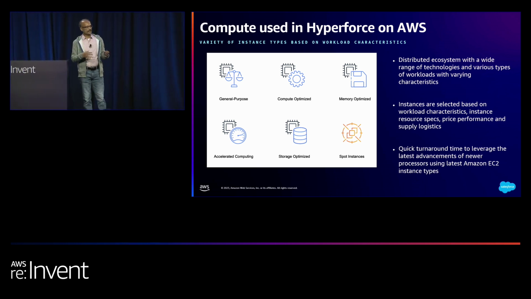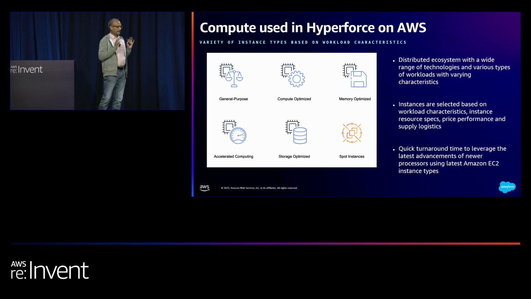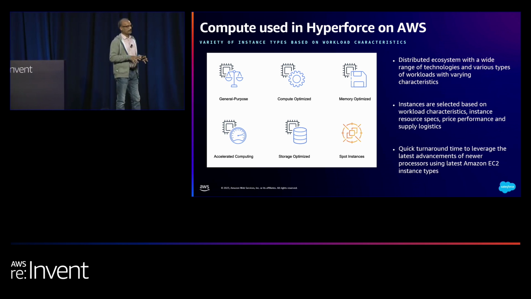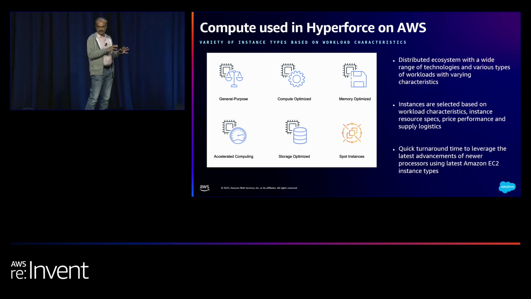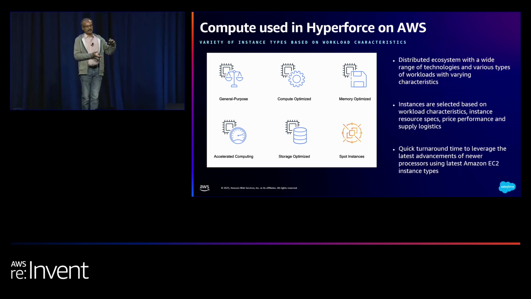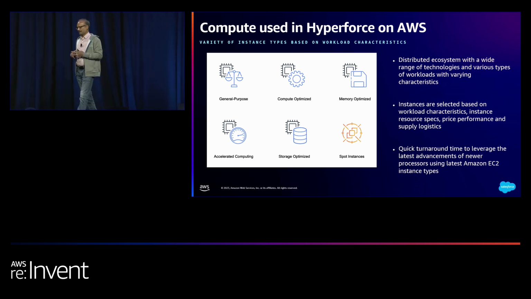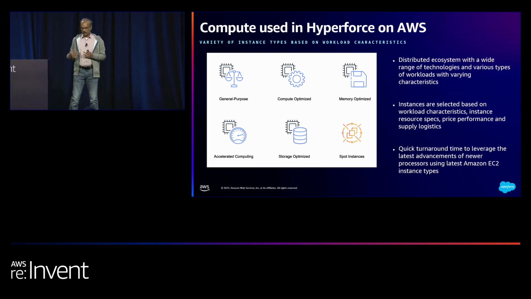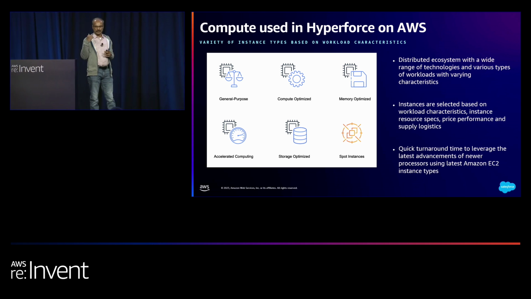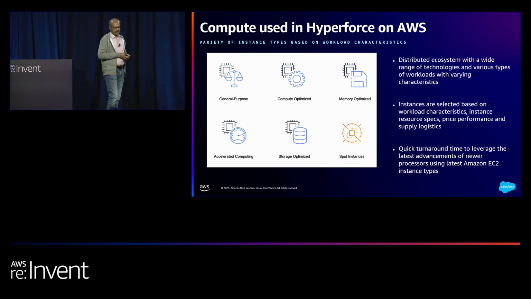We also look at any industry standard benchmarks if they're already available, and if not, we run industry standard benchmarks as well. Based on that, of course, we look at the price performance ratios because we would like to optimize for cost as well while making sure that we deliver trust and performance to our customers.